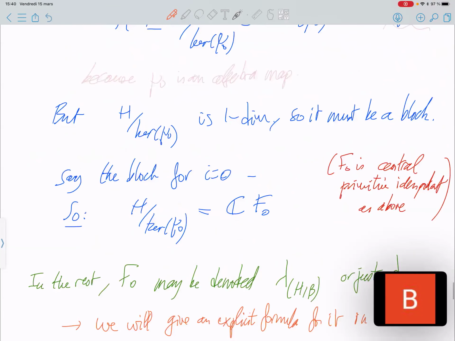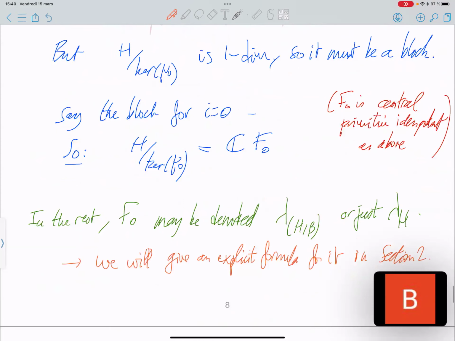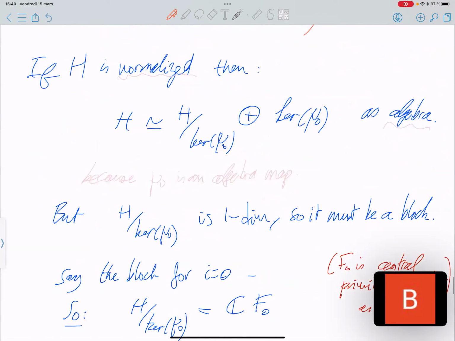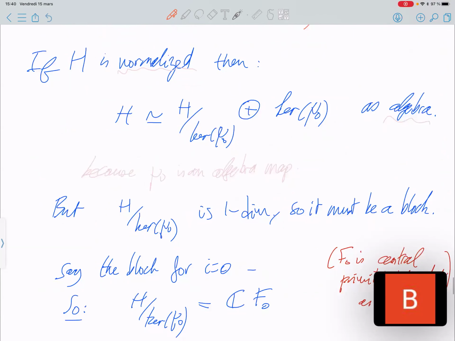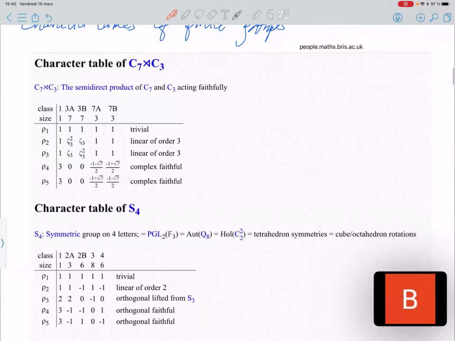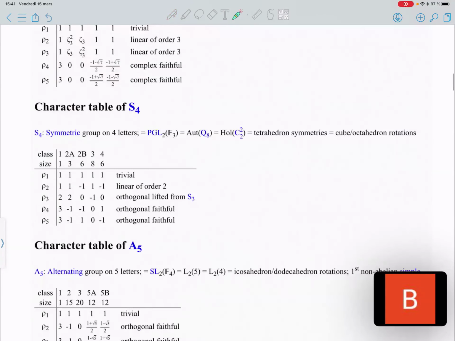Just to have an intuition of what we are talking about here, this one-dimensional thing: when you consider a group, it corresponds to the first column. You have 1 here, size 1. The first column, the size is always 1.